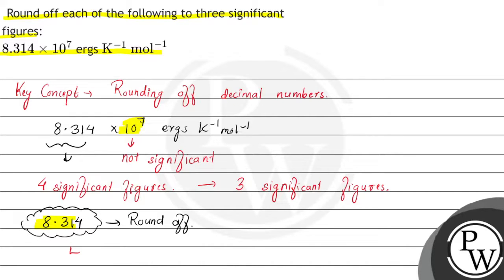The immediate next digit after the decimal point is less than 5. So we are not going to add +1 to the rounding off of the other part of the figure or to the number.